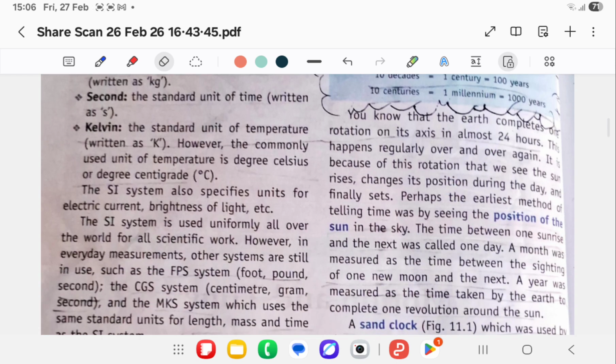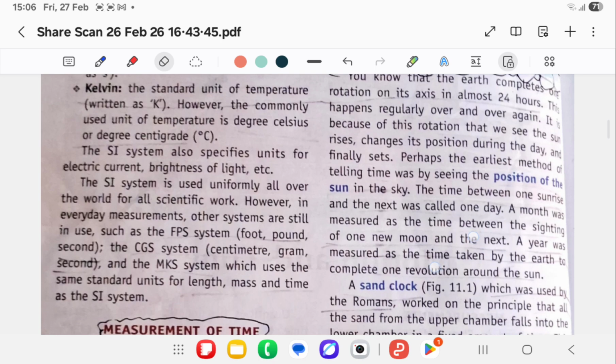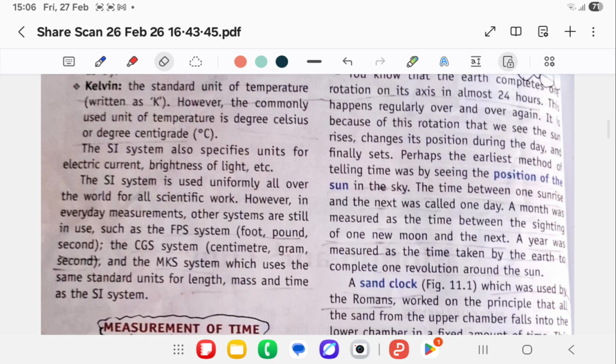Okay, now there are other systems other than the SI unit in which physical quantities are also measured, like the FPS system, in which the units are foot, pound, second. Next, the CGS system is centimeter, gram and second.